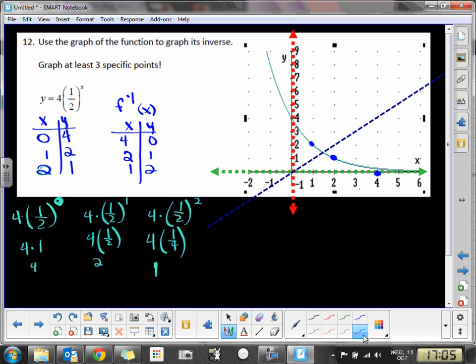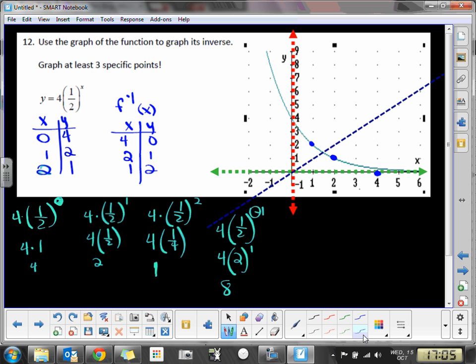I'm going to grab one other point that ends up being a pretty nice point. The ordered pair -1, 8 on my original graph looks like a pretty good point. So I'm going to try that one. I'm going to put in a -1, so it's going to be 4 times 1/2 raised to -1. A negative exponent, remember, flips your base, so it's going to be 2 raised to the first, and 2 raised to the first is 2, and 2 times 4 is 8.